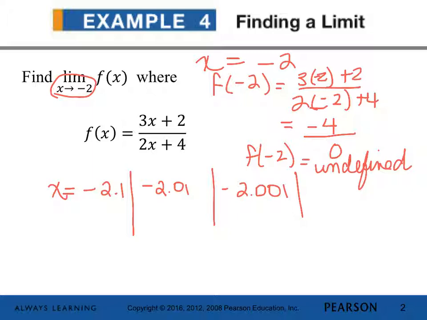and I'm going to use the table to do this. Then we see that at negative 2.1 we have for f of x, we get 21.5.